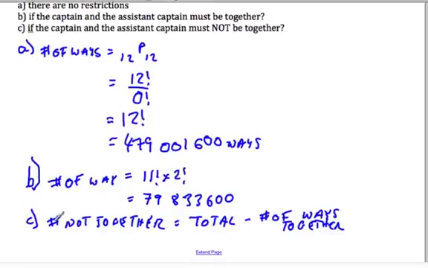So then the total number of ways that the captain and the assistant captain are not together will be equal to the total number of ways that we can arrange the order of the medal awards, minus the number of ways that the captain and the assistant captain are together. So then this will be 12 factorial, which is our answer from part A, minus 11 factorial times 2 factorial.